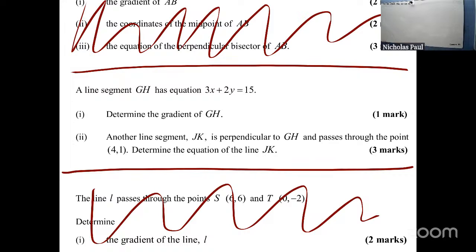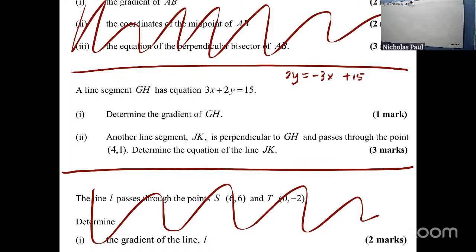Right, answers online. Do I have anything? Right, so we have to put it in the form y is mx plus c. So you'll get 2y, carrying across the plus 3x, you'll get minus 3x plus 15.